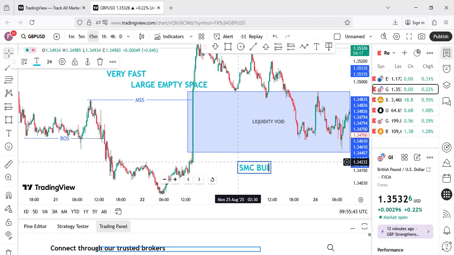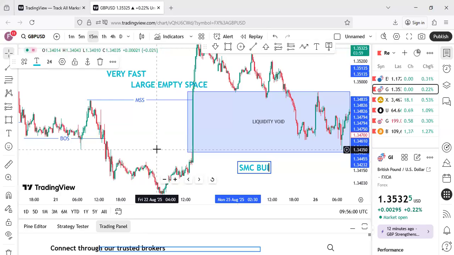So the little one will stop at this fair value gap. There are other blocks, but we are not going deeper to know how they operate.